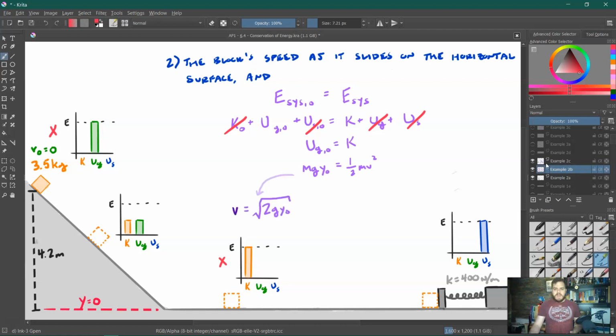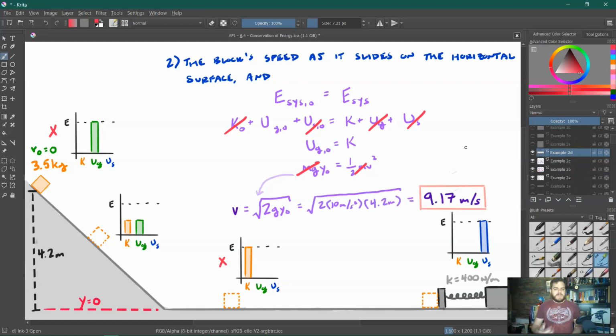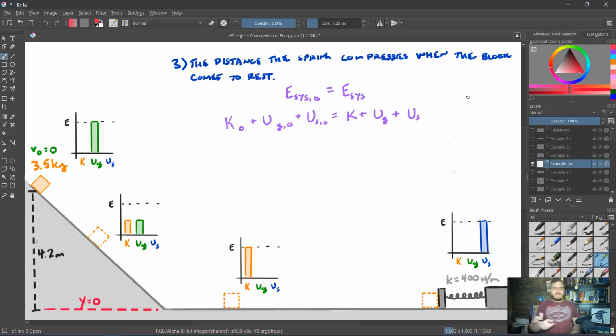Once again, I can cancel my m's out, and then multiply the two across, take the square root, and I plug in some numbers, and I get a speed of 9.17 meters per second at the bottom of the slope.